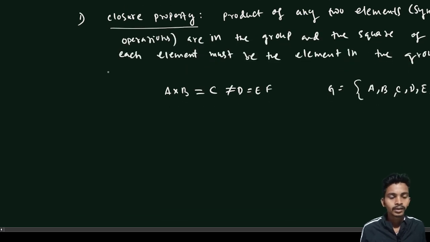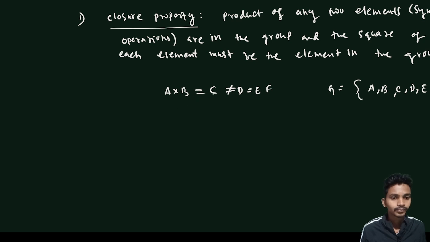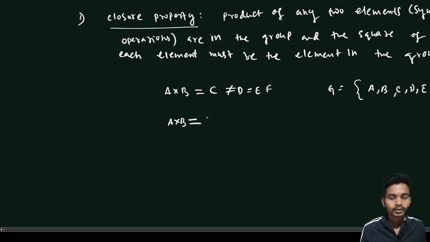So we discussed the closure property since class 10th, that if A into B equals C, then C is in the group, and all will lie in the symmetry elements. This we will discuss whenever we are discussing matrices.